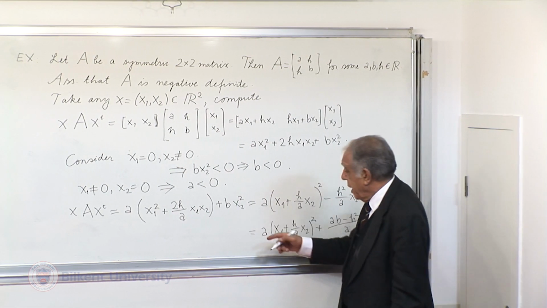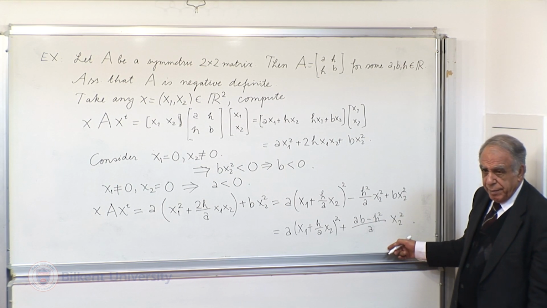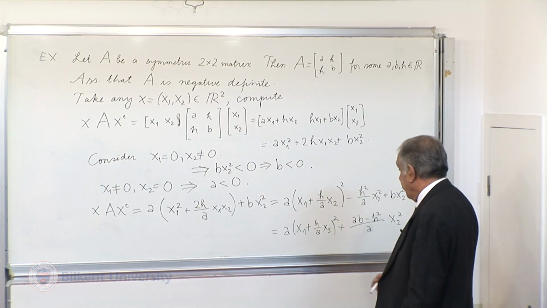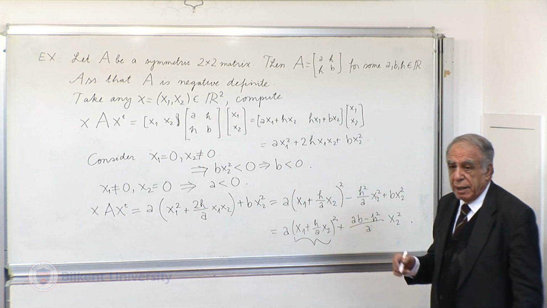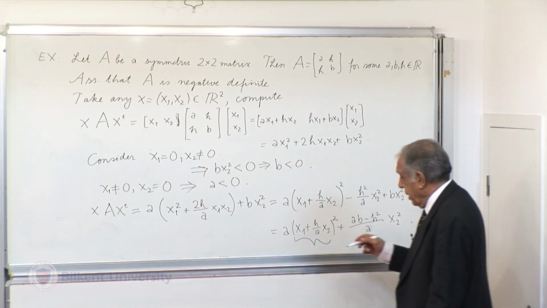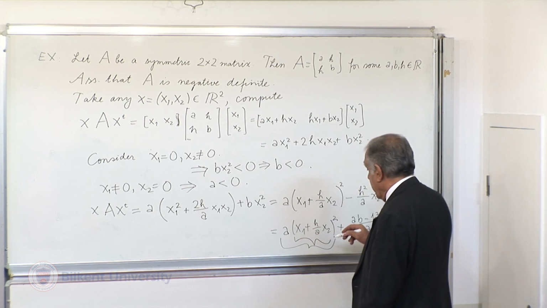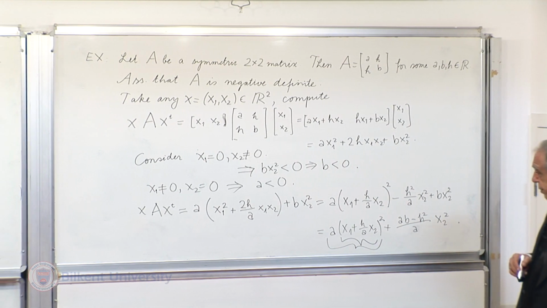But we know XAX transpose is equal to this. Okay? Now, this will be something non-negative all the time, no matter what x1, x2 is. So this will be negative. Okay?